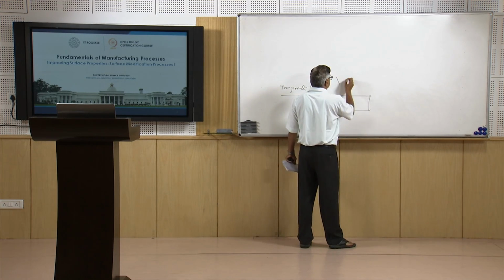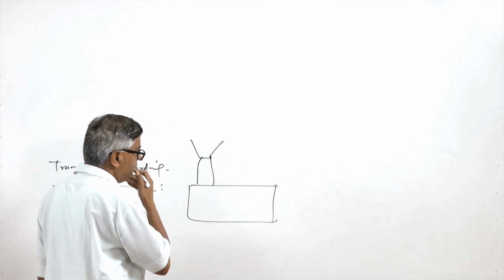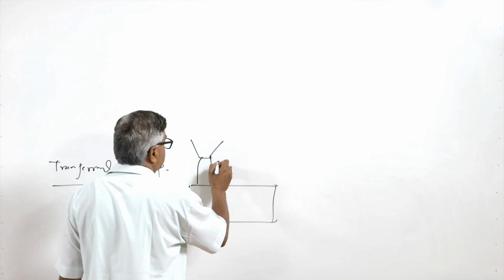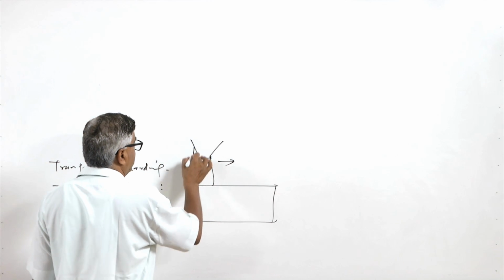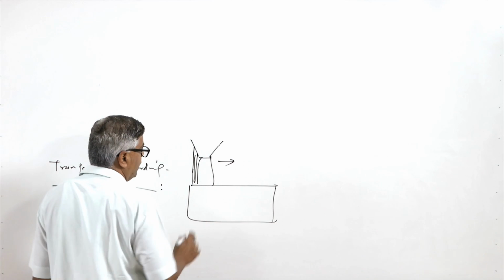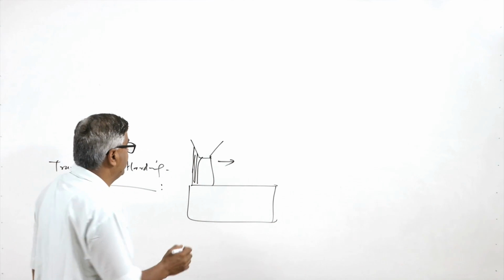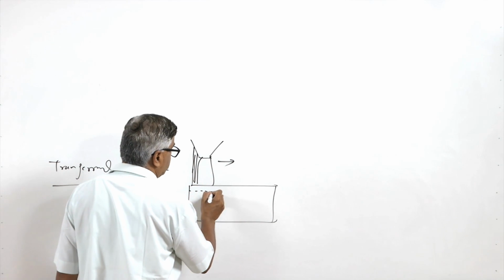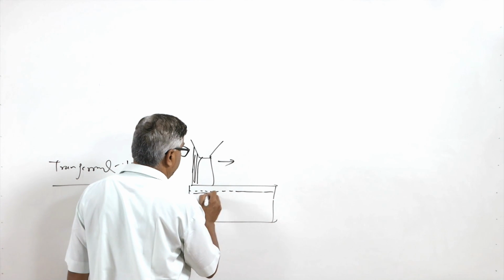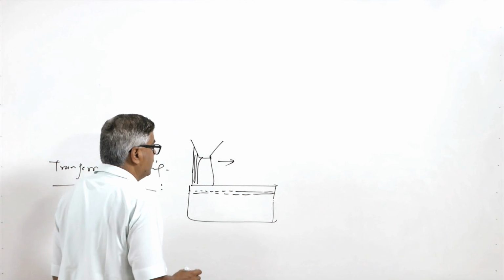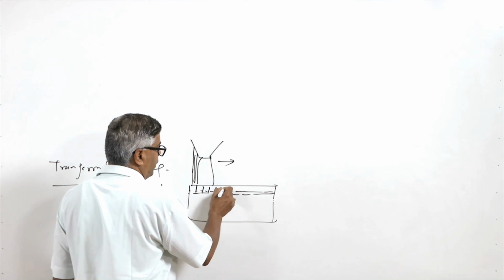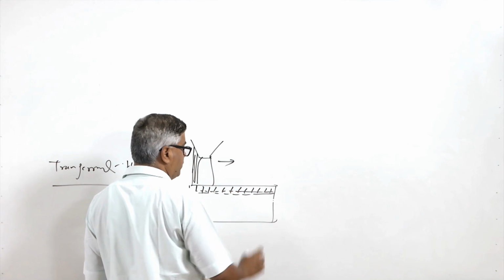Basically there is a source of flame and it is applied onto the surface. As the flame moves, we additionally apply a jet of water, because the flame applies a lot of heat to the substrate. So the depth up to which heat is transferred will be greater, and the depth up to which the modification takes place will also be greater.